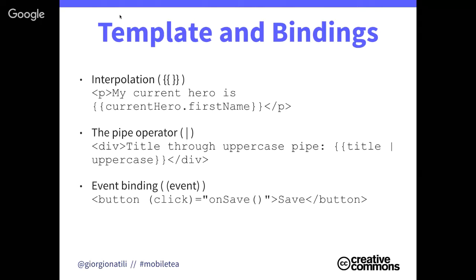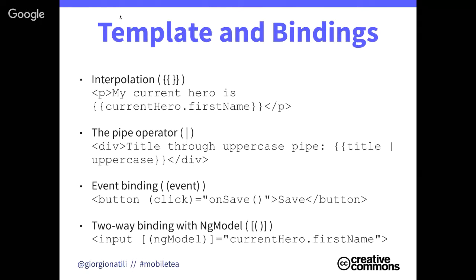The event binding happens with parentheses. Last but not least, the two-way binding that made Angular 1 so popular is implemented with square brackets and parentheses.